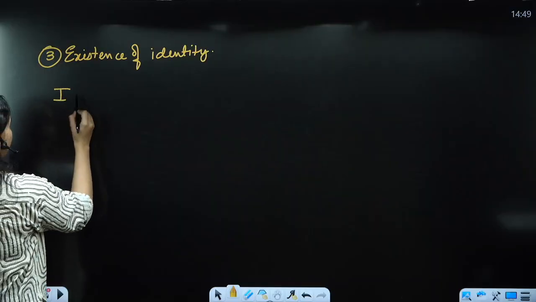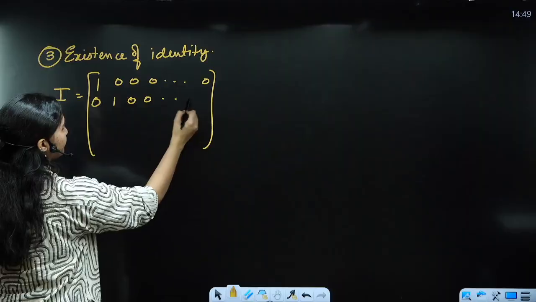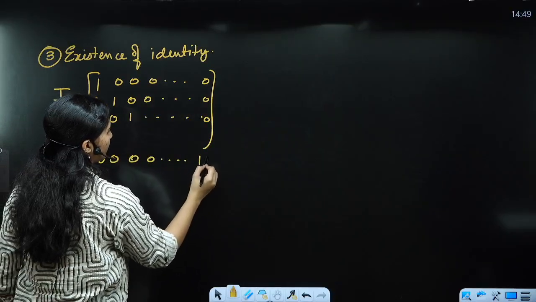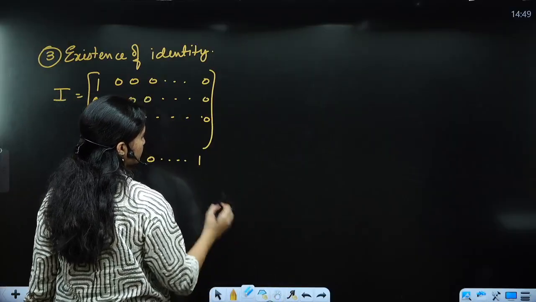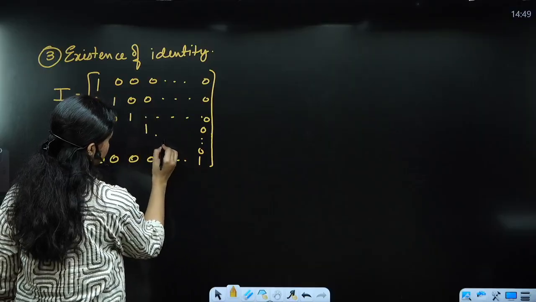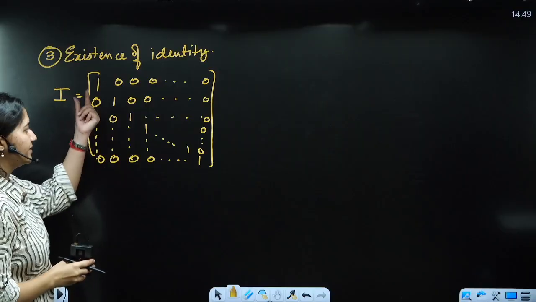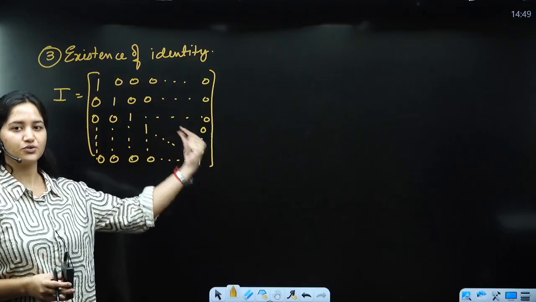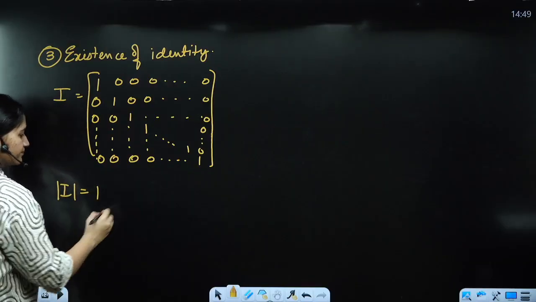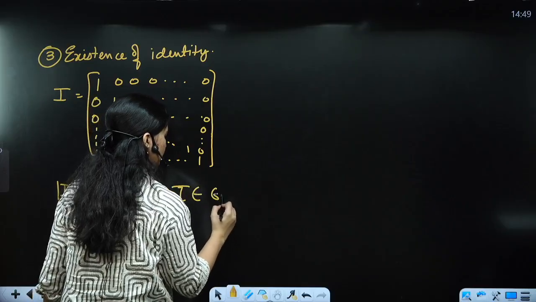So now if I take a matrix of the form 1 0 0 0, then 0 1 0 0, then 0 0 1, continuing like this up to 0 0 0 0 1, this is going to be an identity element, and since all the diagonal elements of this matrix are non-zero, that is equal to 1, the determinant of I is also not equal to 0.